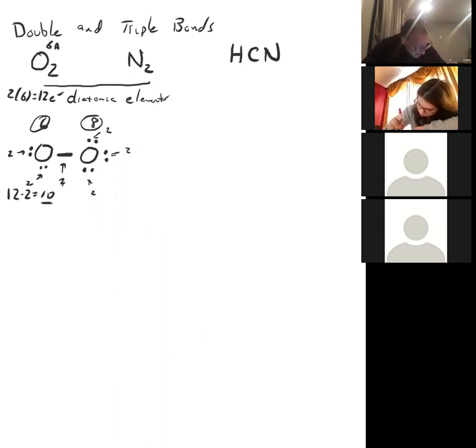If one of them has 6 and the other one has 8, if there are lone pairs, the one that has 8, you push one of the 3 pairs to form a second bond. It's kind of cool.